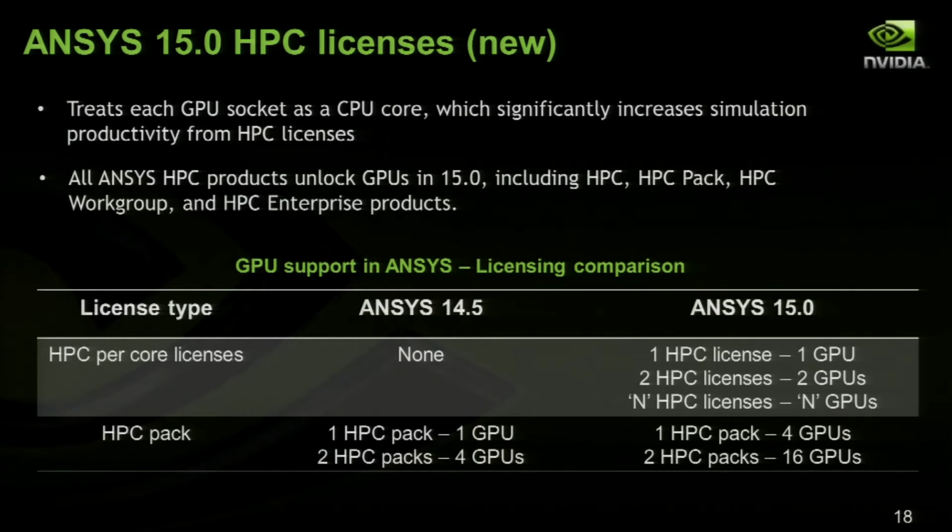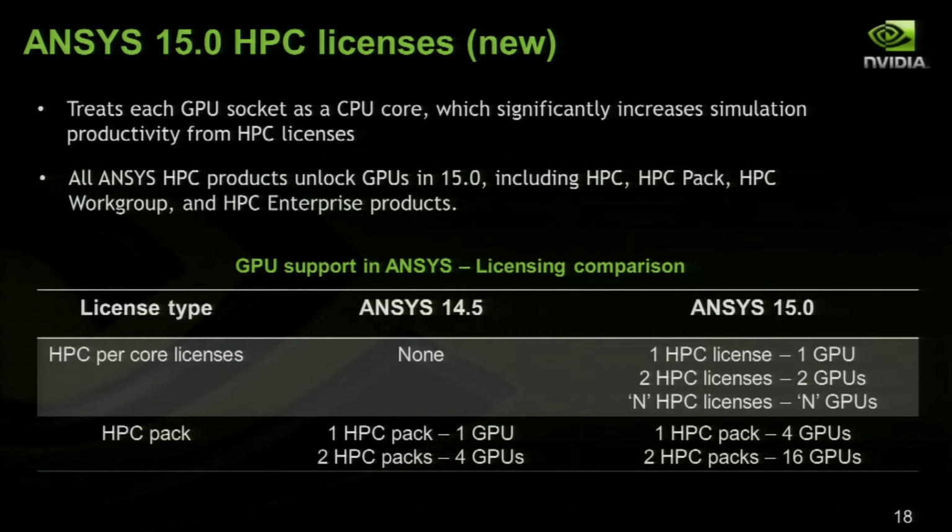Or when it comes to HPC packs, in 14.5, each HPC pack only used to unlock one GPU, but in 15, each HPC pack can unlock almost 4 GPUs, the first one. The second one can unlock 16 GPUs out of 32 processes.